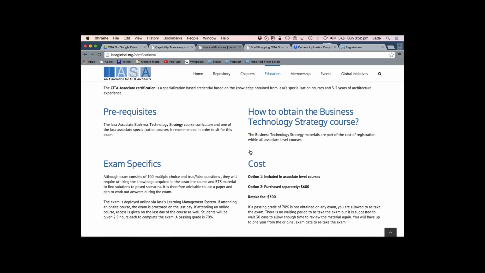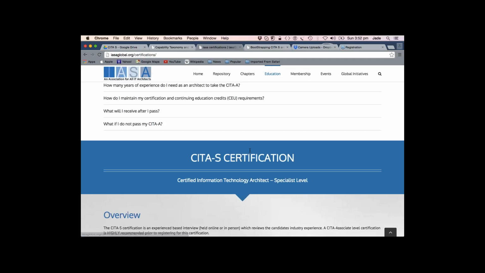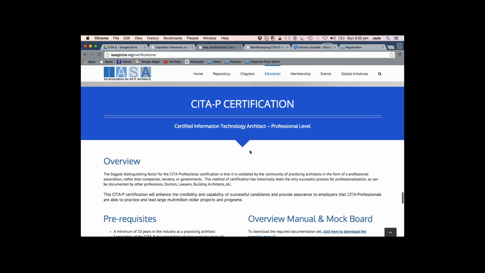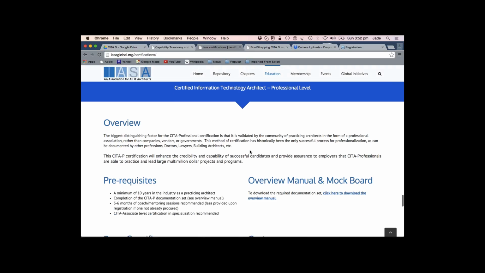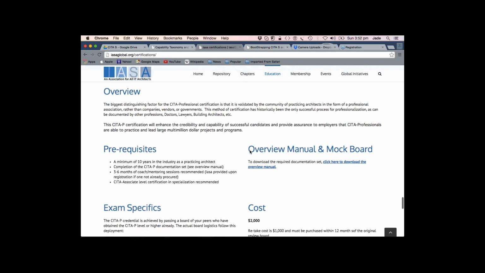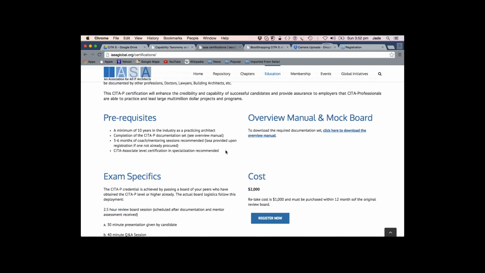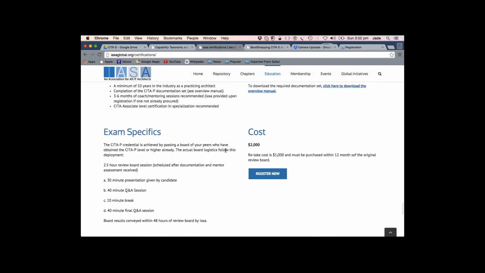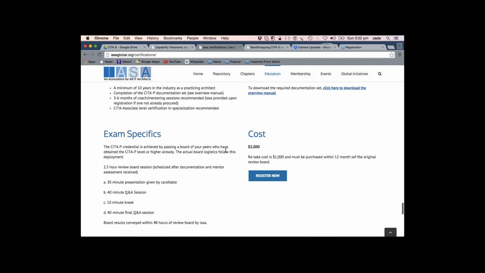From the expectations point of view, somebody applying for CITA P should have more leadership traits. CITA S is more of individual excellence, of course within the team, whereas CITA P is not only individual excellence, it is more of a team excellence.